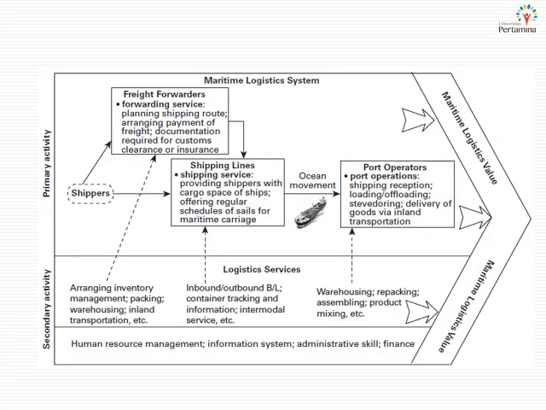And as you can remember about our first meeting, I think the first week of maritime logistics course, I show you about the maritime logistics systems. This is the flow chart, and remember you have the primary activities and the secondary activities, and the flow of the maritime logistics systems. As you know, it starts from the shipper, and then after that the shipper can decide whether they will use the freight forwarders to ship their cargo, or they will directly contact the shipping lines.